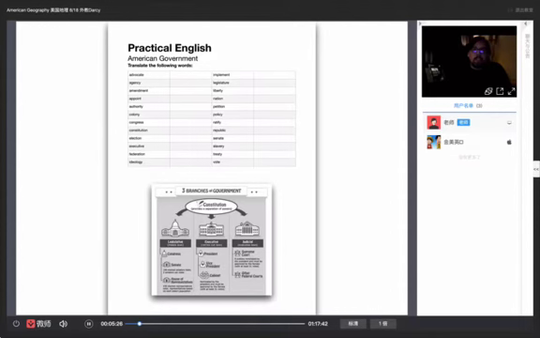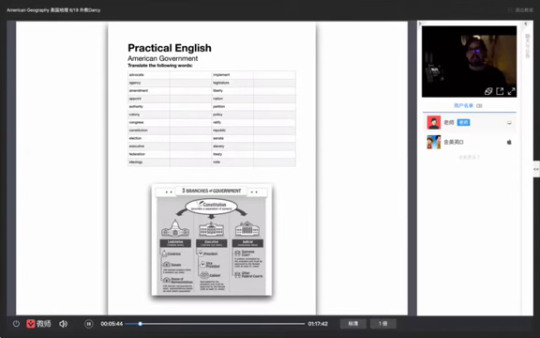Down below you can see a diagram showing the division of power. In other words, the American government is structured into three branches, both at the state and federal level, the national government and the local state level.